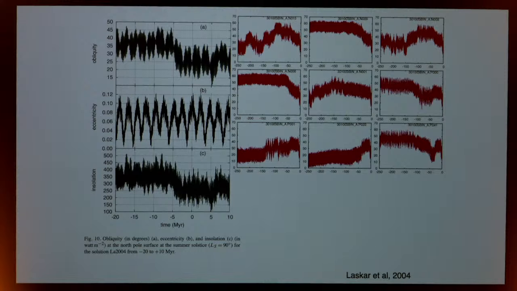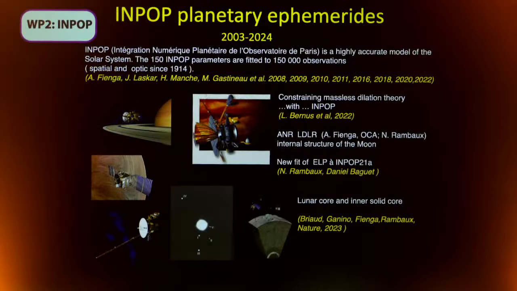And this is, in some sense, what I will tell you for the orbit now. So for the problem of the orbit, how are we sure that the orbital evolution of the planet is the correct one? We first use a very high precision model, which is made for ephemeris, so it would be the DE ephemeris in the US, or the model we developed, the INPOP planetary ephemeris.